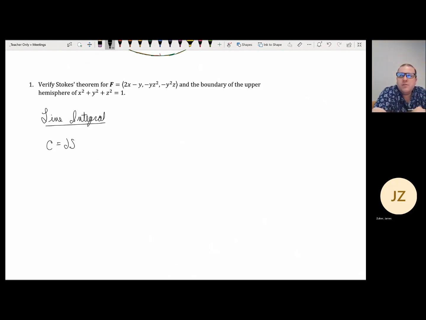A curve serves as the boundary of the upper hemisphere of x squared plus y squared plus z squared equals 1. Well, that boundary is the unit circle on the xy plane.